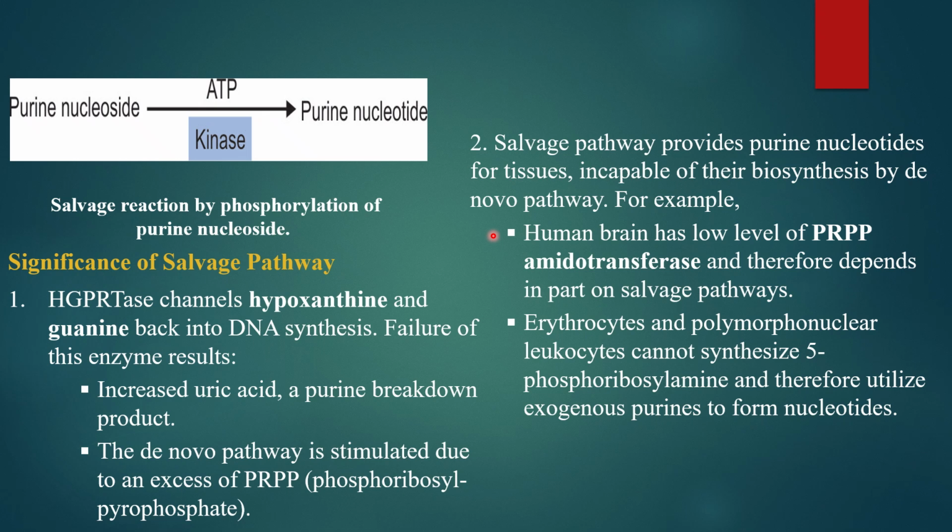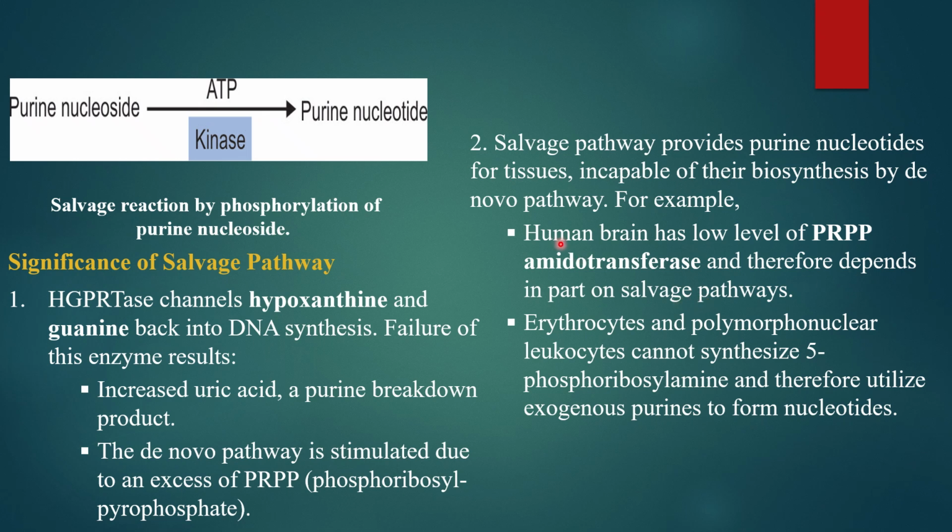Another important aspect is that the salvage pathway provides purine nucleotides for tissues which are incapable of biosynthesizing them via the de novo pathway. As I've already explained, in the brain there is a low level of PRPP aminotransferase, so it is partly dependent on the de novo pathway as well as the salvage pathway.